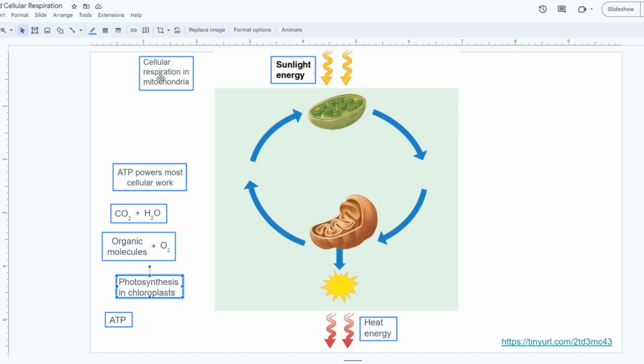Cellular respiration in mitochondria is happening somewhere. One of these is ATP. O2, that's oxygen. Somewhere oxygen is being produced, and somewhere oxygen is being incorporated.